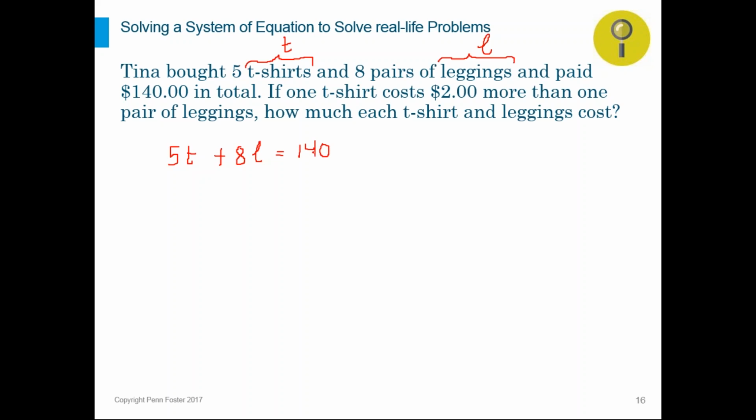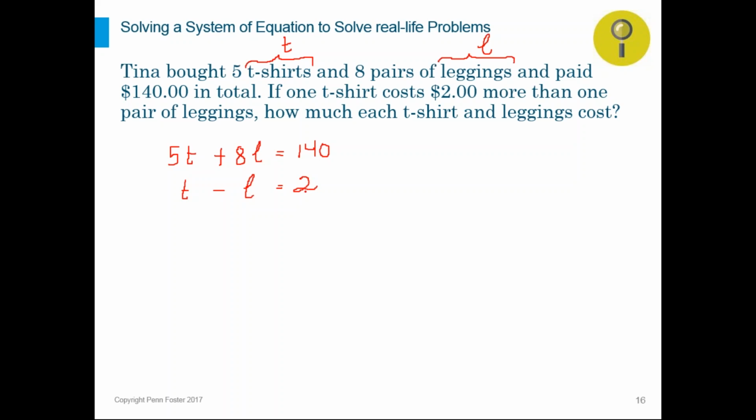Also, in the question, they gave us another piece of information that we can use to construct the second equation. They said that one t-shirt costs $2 more than one pair of legging. So it means that T, the cost of one t-shirt, minus the cost of one legging, the difference of these, is 2.